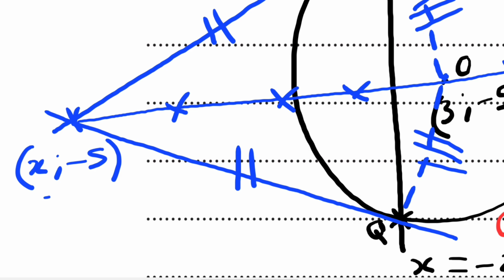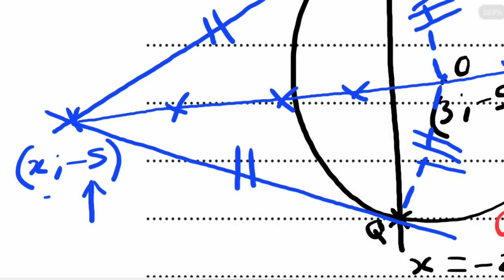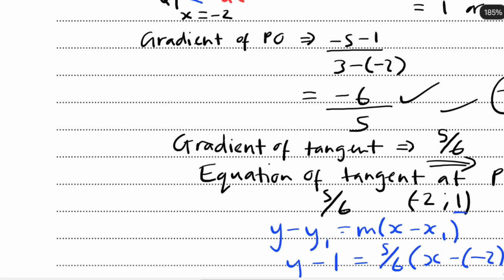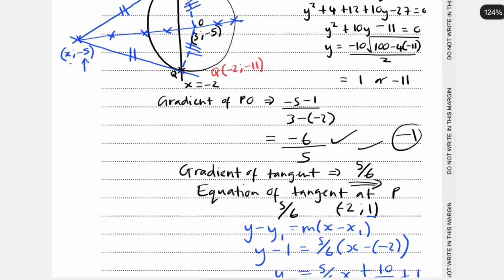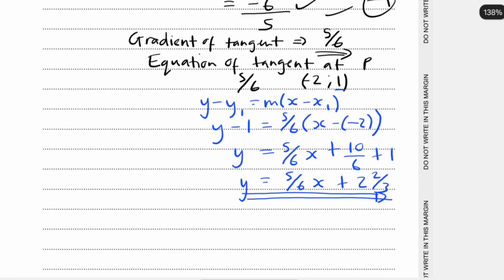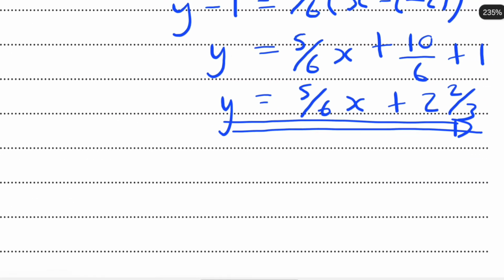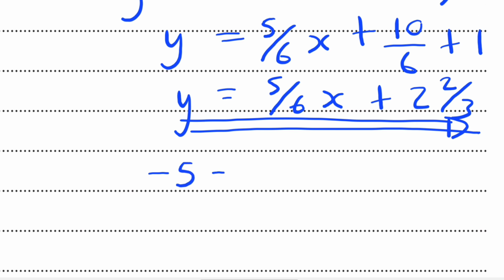So for us to get the x coordinate, we're just going to substitute minus 5 in the equation that we just got. Oh sorry, my bad, we are saying the y coordinate is minus 5, so at that point y is minus 5, so this should be minus 5 equals 5 over 6 x plus 2 and 2/3, right?